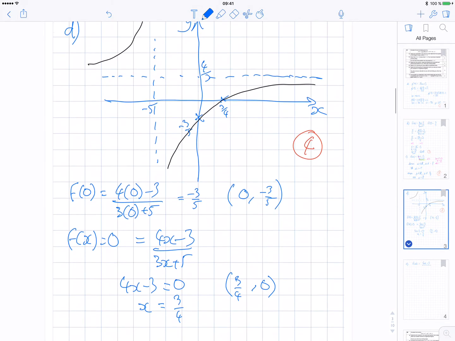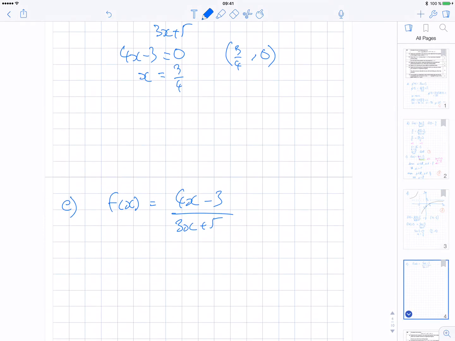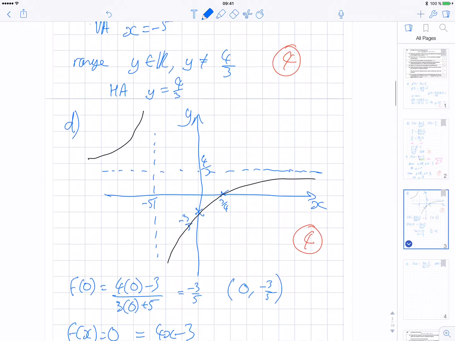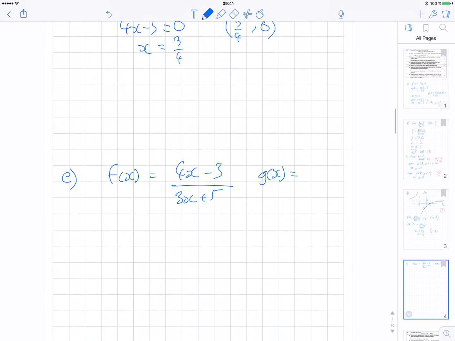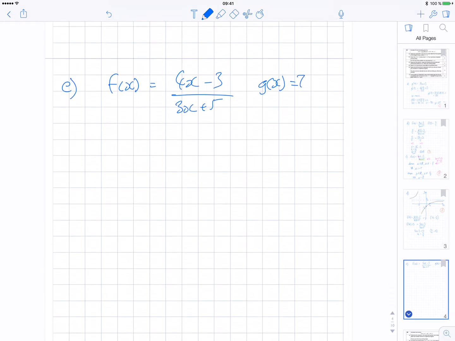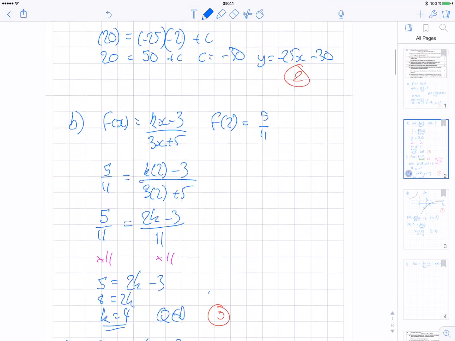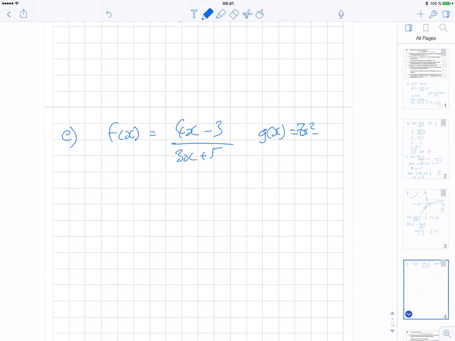Just make sure I get that absolutely right, yeah. And g of x is equal to 7x squared plus 3x minus 2.